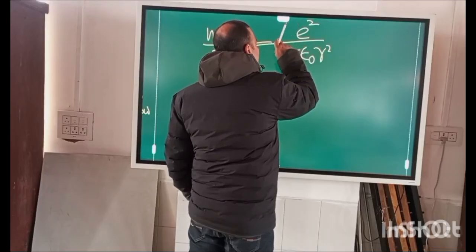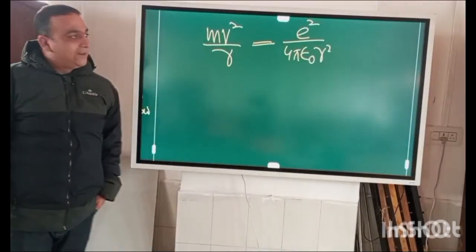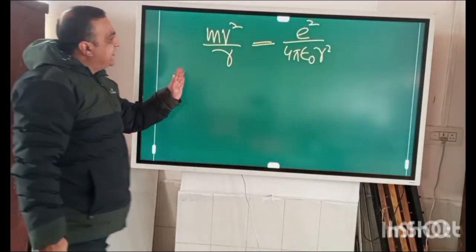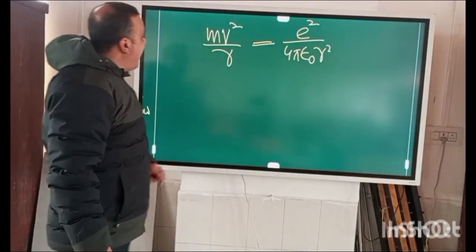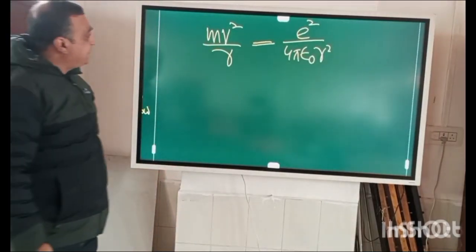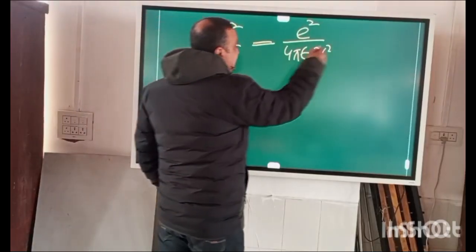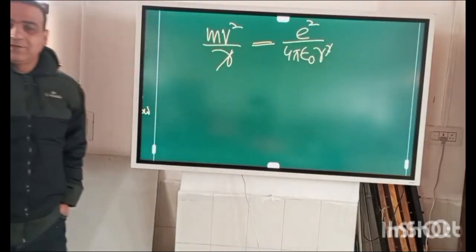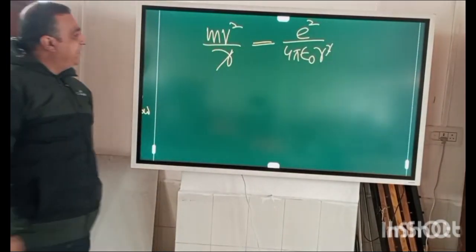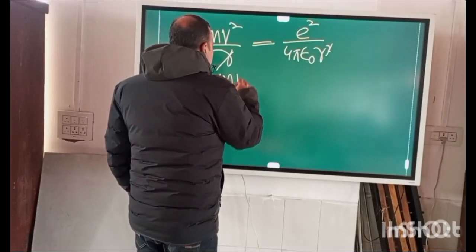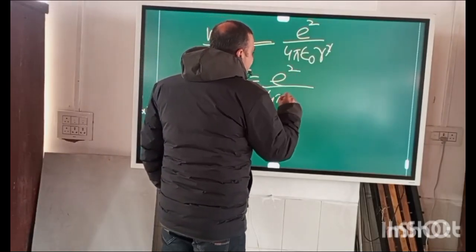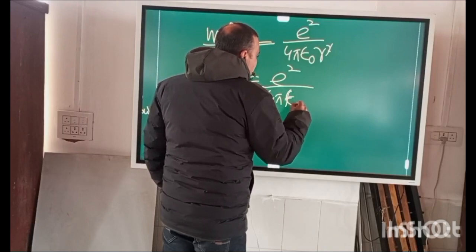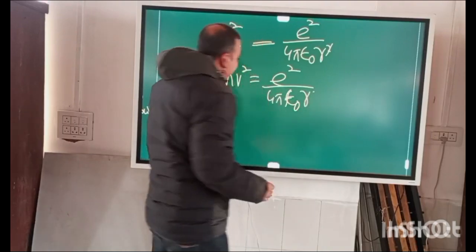I will choose only the magnitude, okay? Right? So this is the first argument of Bohr's model of hydrogen atom. And the next argument is what? Come on, you can see this r and this square will cancel. Right? And you will have mv square is equal to e square by 4 pi epsilon naught r. What is this r?